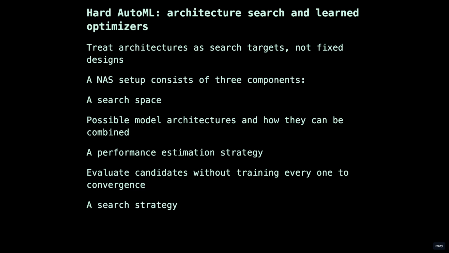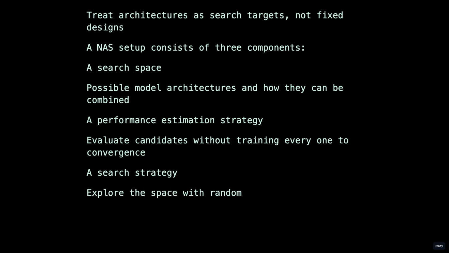The last piece decides how to explore the space. Different strategies balance randomness, guidance, and compute cost in different ways. Random search is the baseline, but it can be too expensive for architecture search.